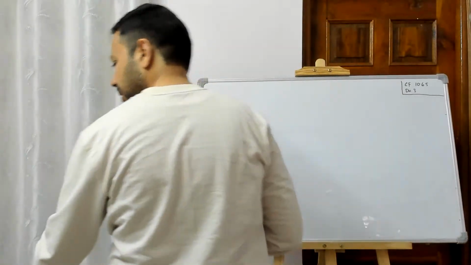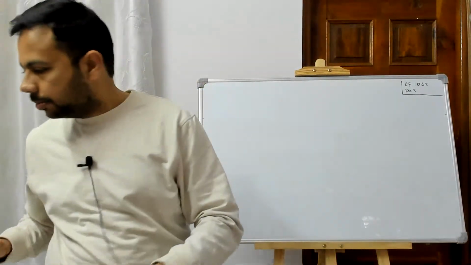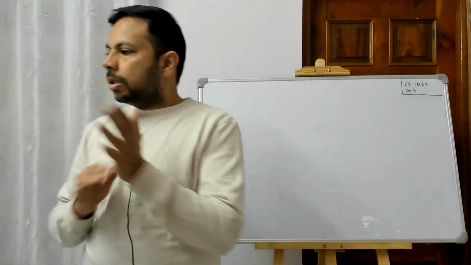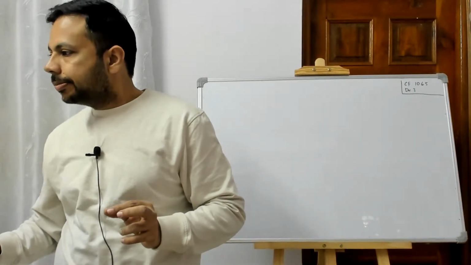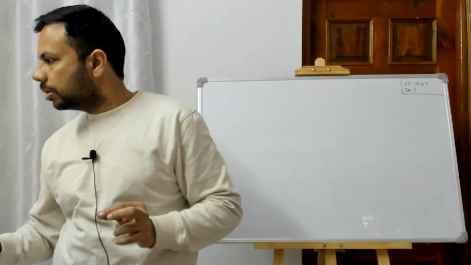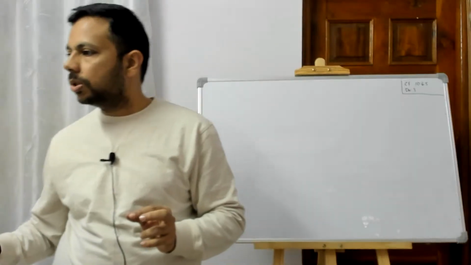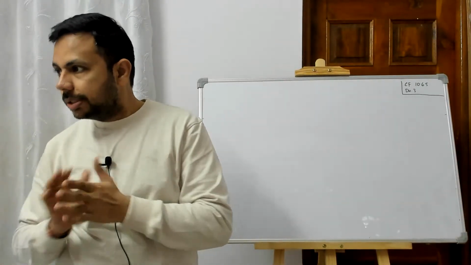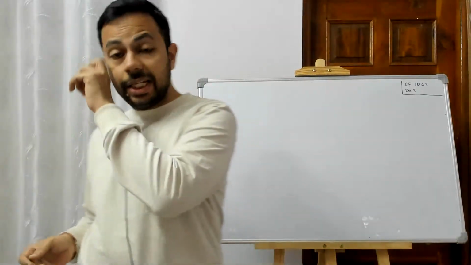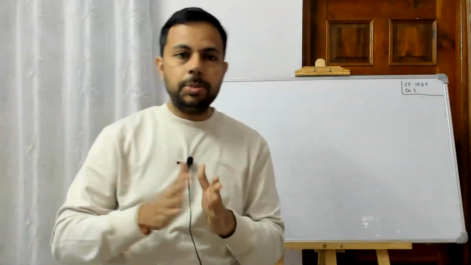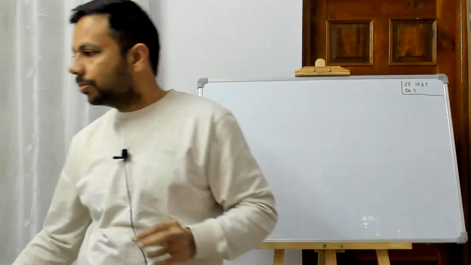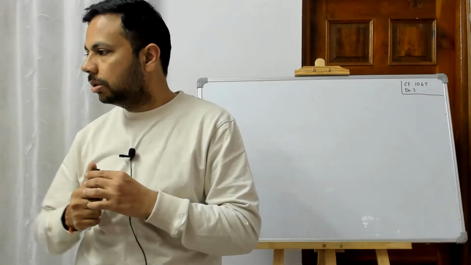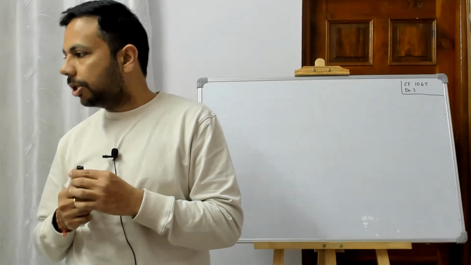Let's move on to question number C. C has two parts, C1 and C2. The first part is easy, the second part is difficult. It is Renako Amori and Zor game.